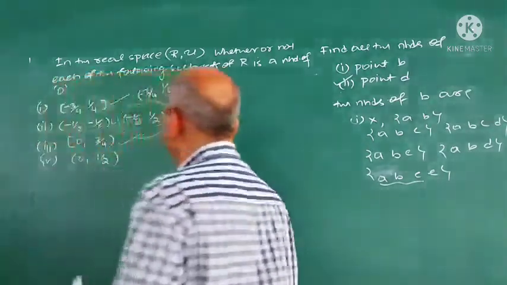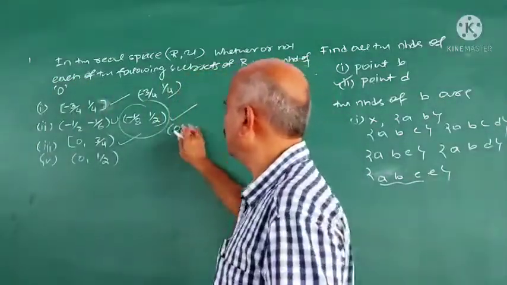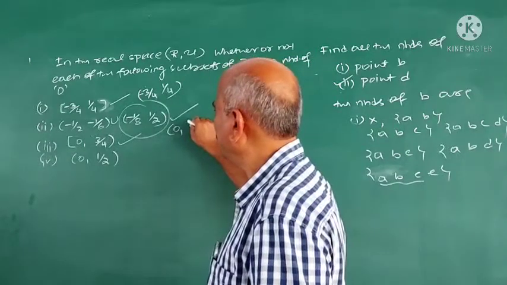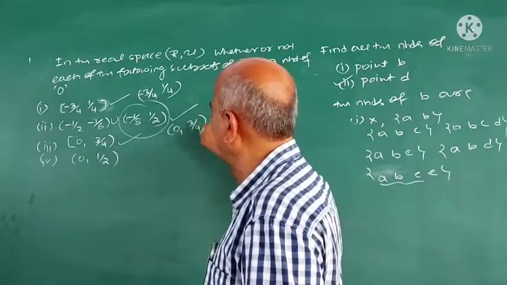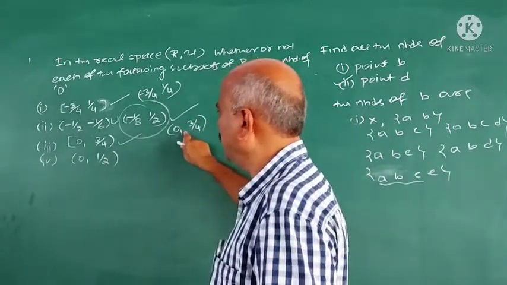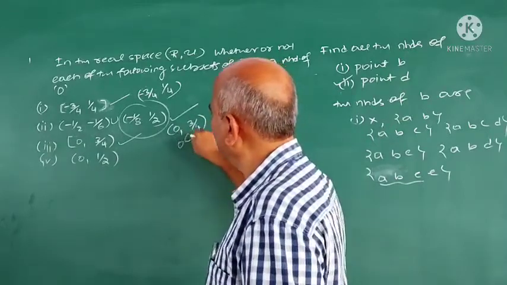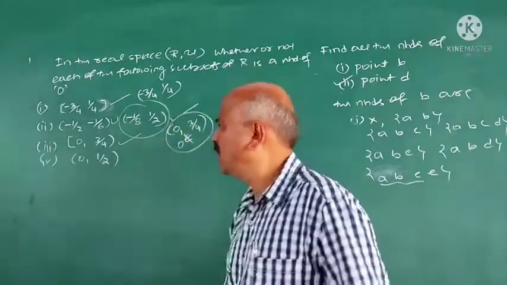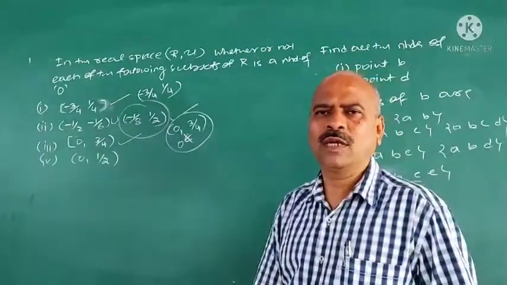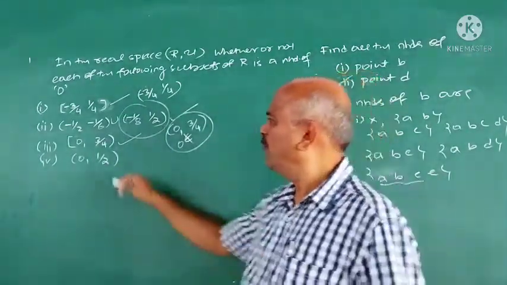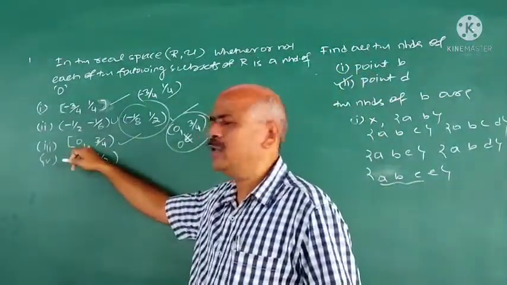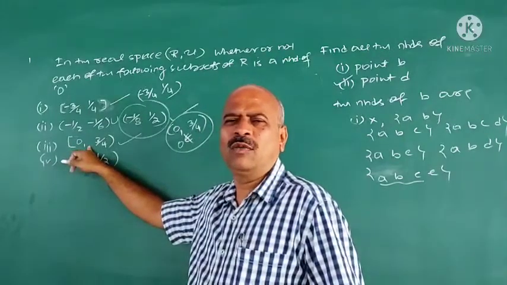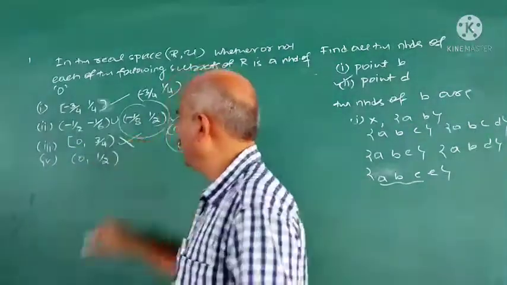There should be points less than 0 here, correct? I take the open interval (0, 3/4), but 0 doesn't belong to this, correct? If an open interval containing 0 is there, then it becomes the neighborhood of the point 0. This is not the neighborhood of the point 0.